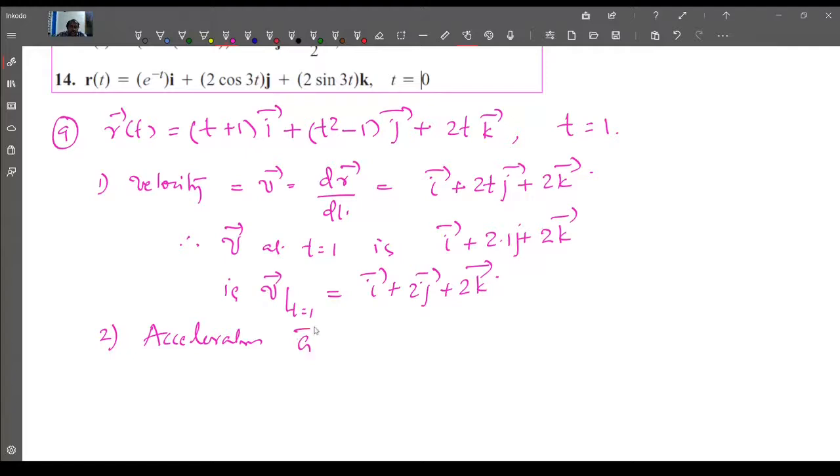We have A is equal to dv by dt. So you differentiate this function with respect to t, and you will get 2j, because the coefficient of i is 1, this is constant, the coefficient of k is 2, this is constant, so it's 2j. Therefore acceleration at t equal to 1 is 2j itself.